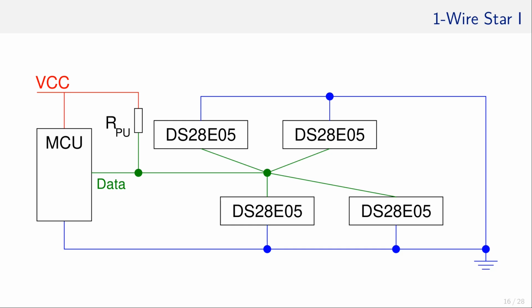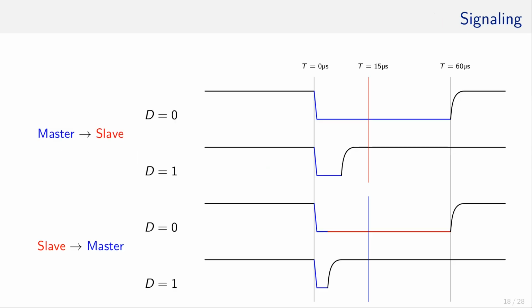But how do the devices communicate? In this session I will show how the one-wire communication works. Since one wire is half duplex, we have either the master, that is the microprocessor, communicating with a slave, such as an EEPROM, or vice versa.